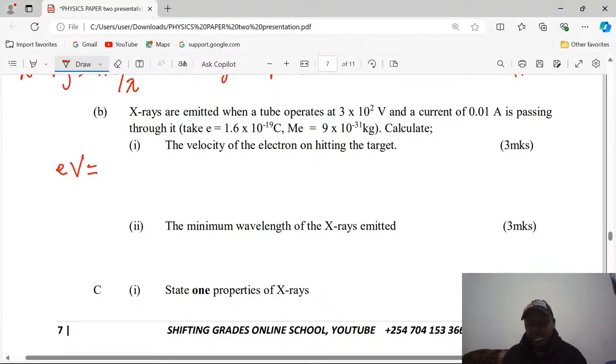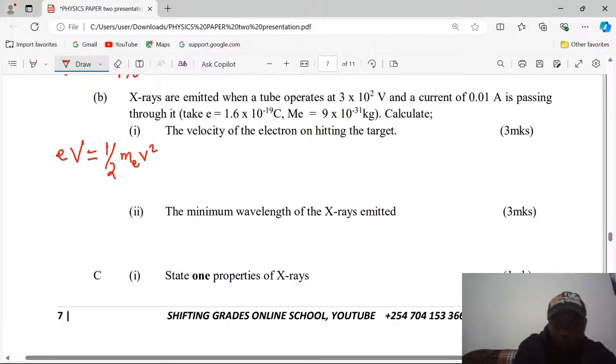But that energy will also be equal to the kinetic energy which the electron is going to possess. Kinetic energy is given by half m_e v squared, where m_e is the mass of an electron and v is the maximum speed that the electrons will move with.